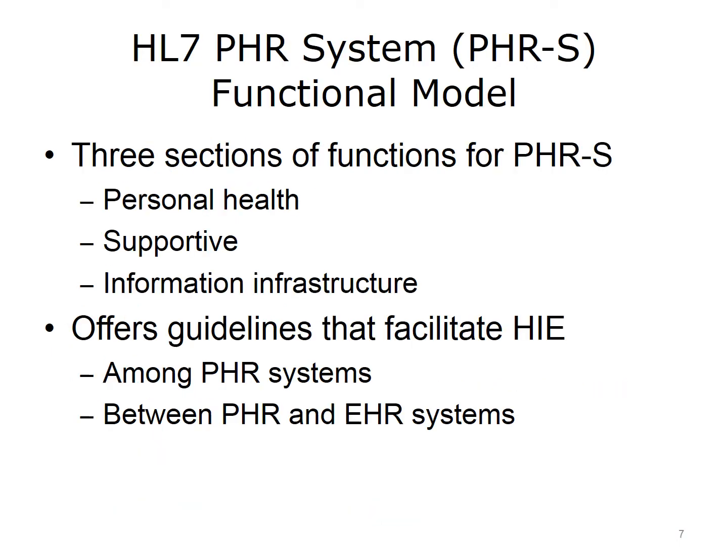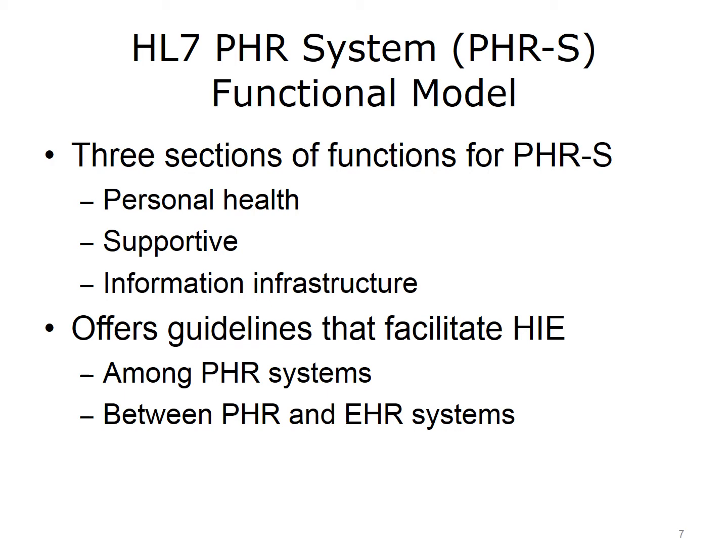While the PHR is an individual's electronic record of health-related information, a PHR system is an application that makes available the functionality to capture, store, and process this information, as well as manage and share it, thereby achieving the goals for having a PHR in the first place. Health Level 7 International, or HL7, published a PHR system functional model draft standard for trial use in 2008.